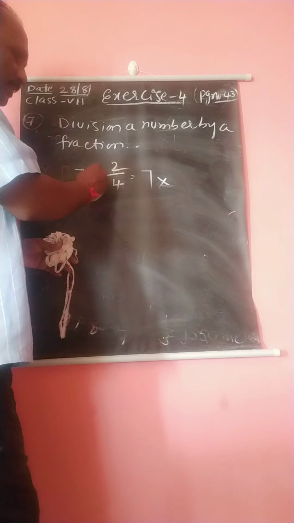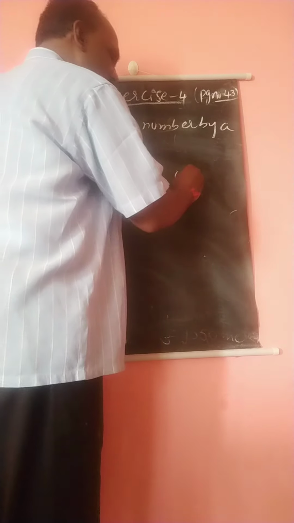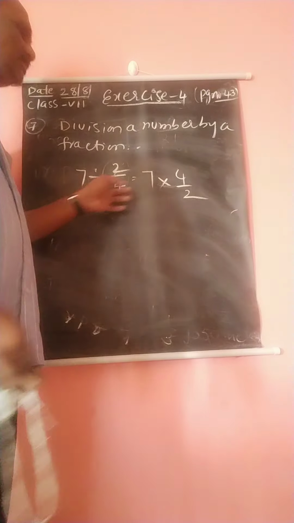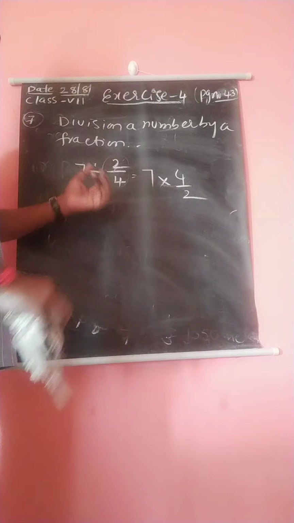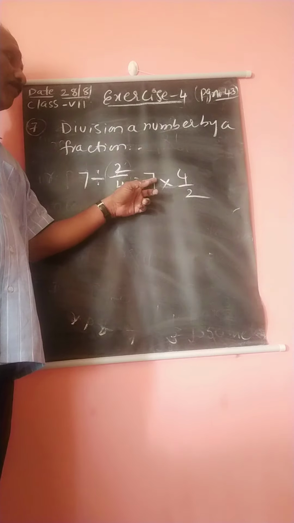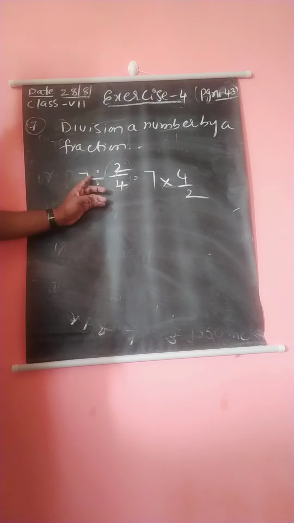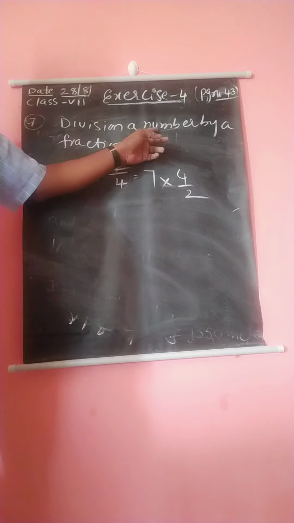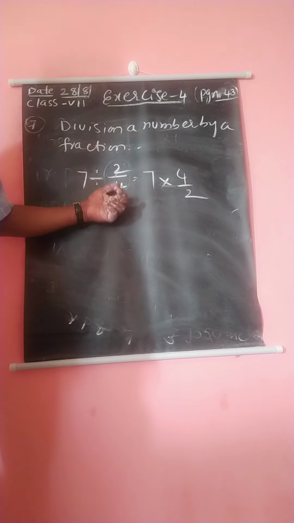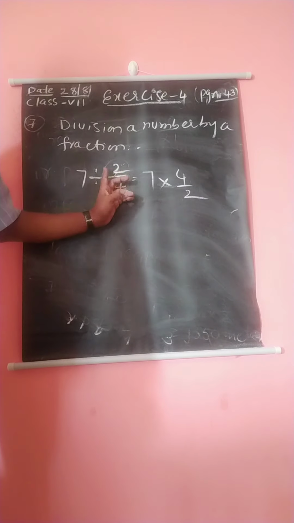Why? Because division changes into multiplication. The next fraction becomes a reciprocal: 2 by 4 becomes 4 by 2. Division of a number by a fraction means multiplication of the number with the reciprocal of that fraction.